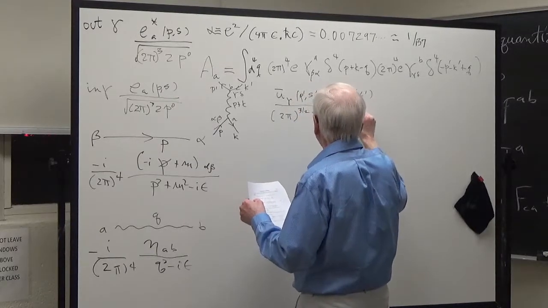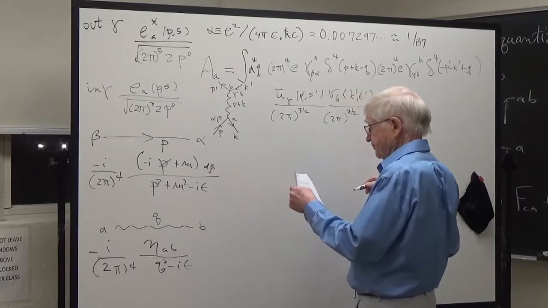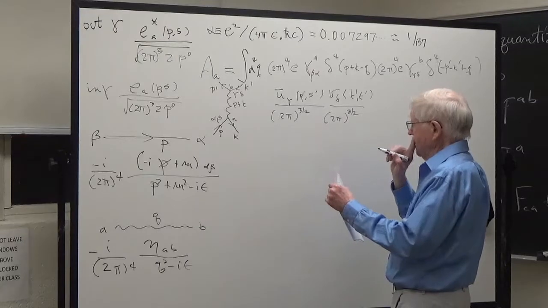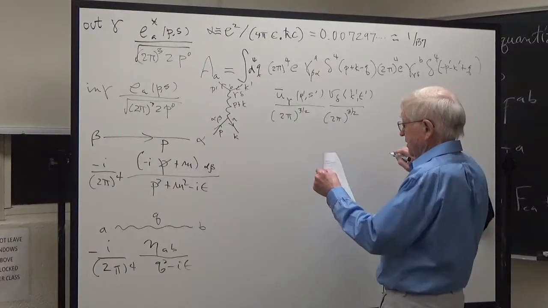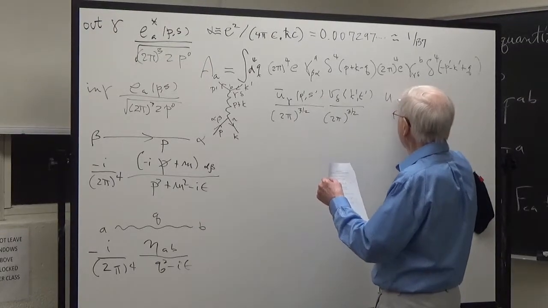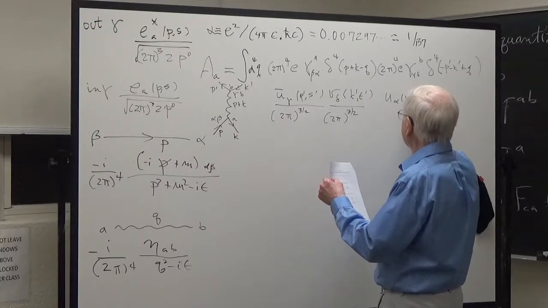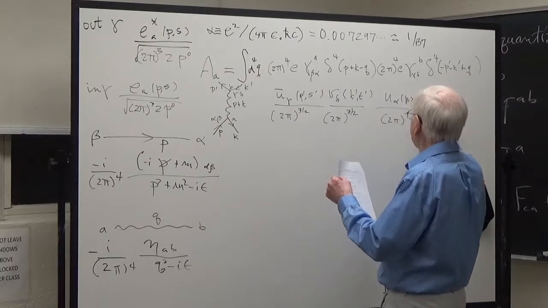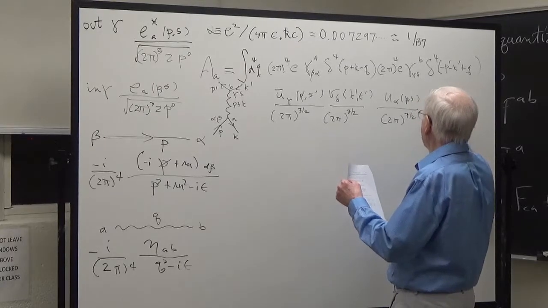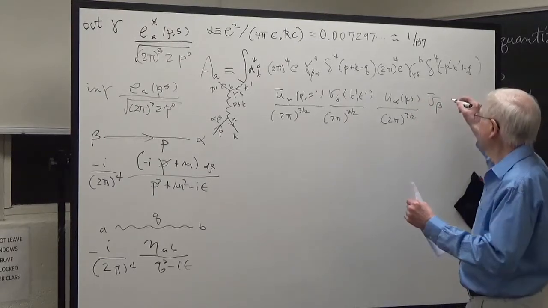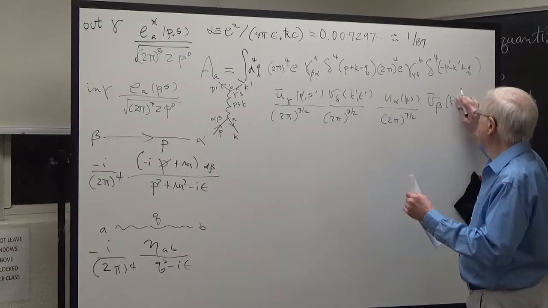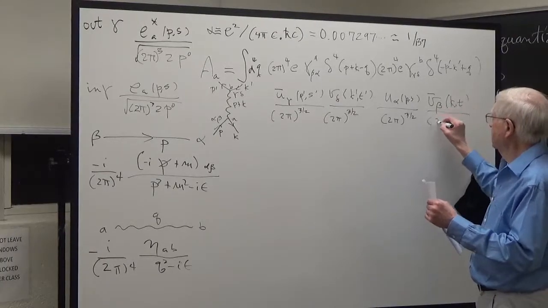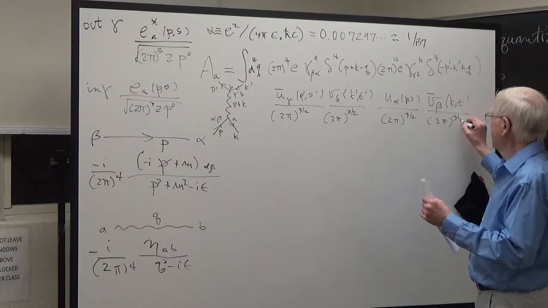And now we have the incoming electron and positron, so u alpha of p and s over 2 pi to the 3 halves, and v bar beta of k and t, incoming, over 2 pi to the 3 halves.